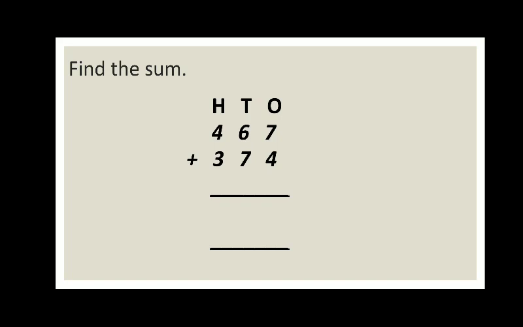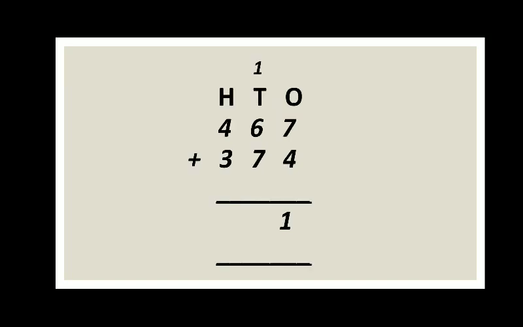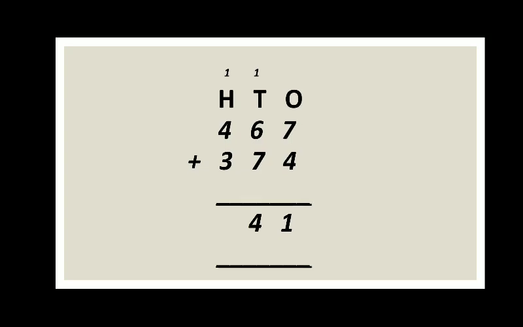Now let's start. 467 and 374. 7 plus 4 is 11. So we will write 1 and carry over 1 to the tens place. Then 6 plus 7 is 13 and then 1 carryover is added and the sum becomes 14. So you will write 4 in tens place and carry over 1 to the hundreds place.